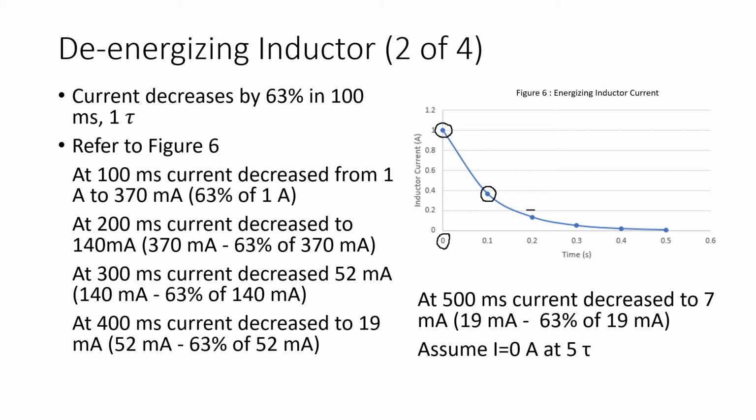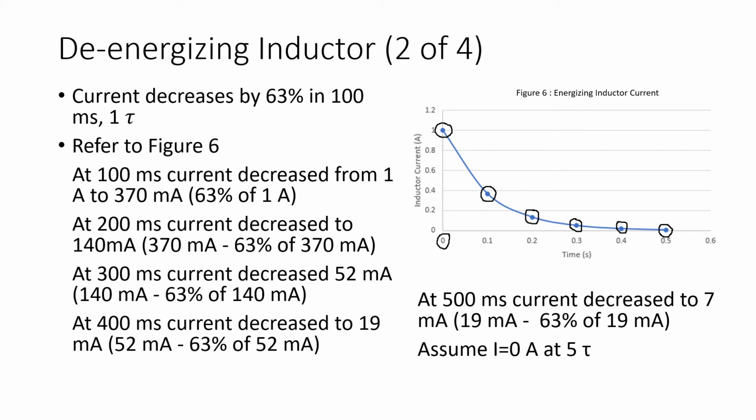At 200 milliseconds, the current will have reduced to 140 milliamps. At 300 milliseconds, 3 time constants, the current will have reduced to 52 milliamps. At 4 time constants, 19 milliamps. And at 5 time constants, the current will have reduced to 7 milliamps.